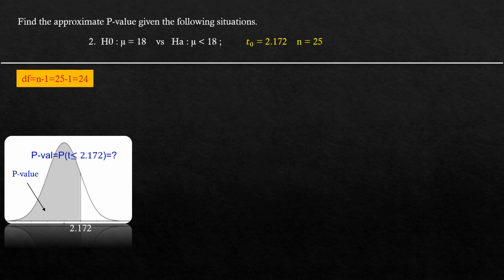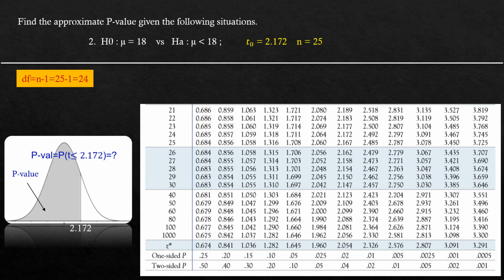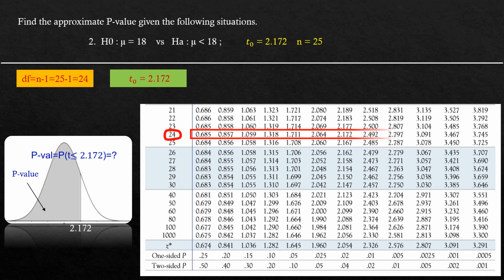Therefore we find the area under the curve to the left of 2.172. So how do we find this one? Go to the table and go to degrees of freedom, which is 24 here. Once we have the degrees of freedom, we should go back to the test statistic. It is 2.172. Then we consider this row to check the number 2.172.